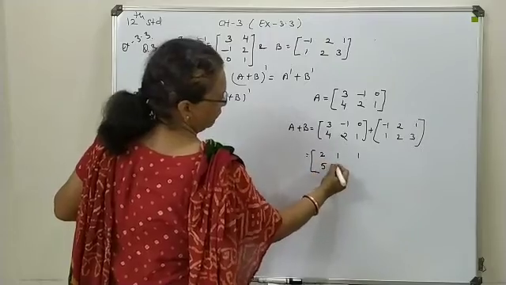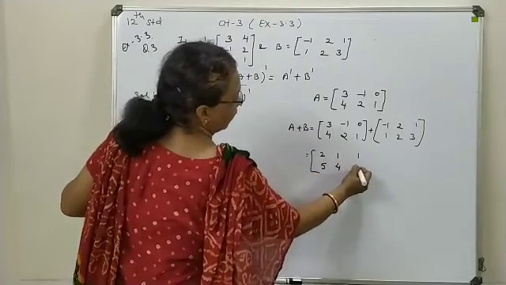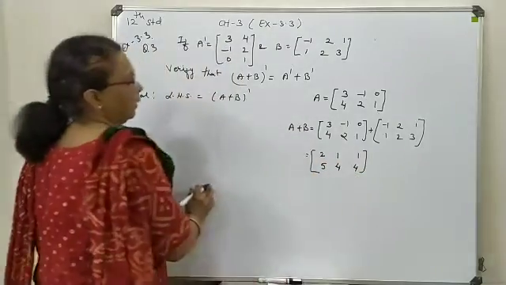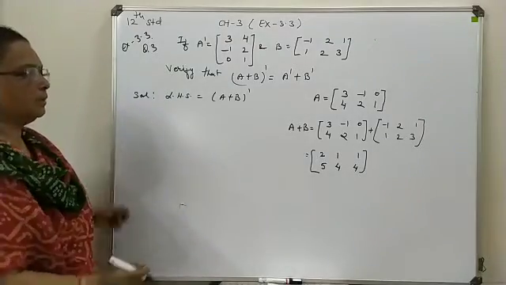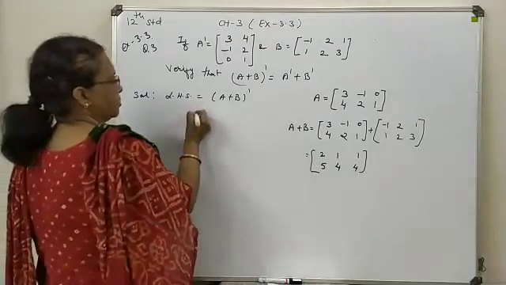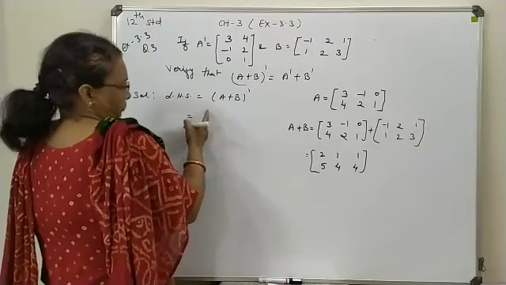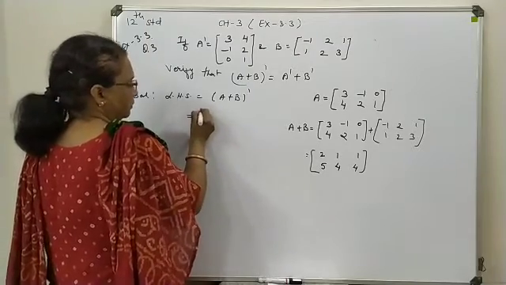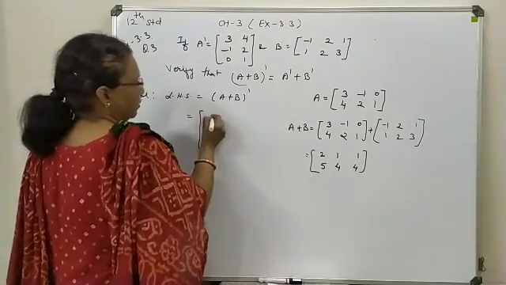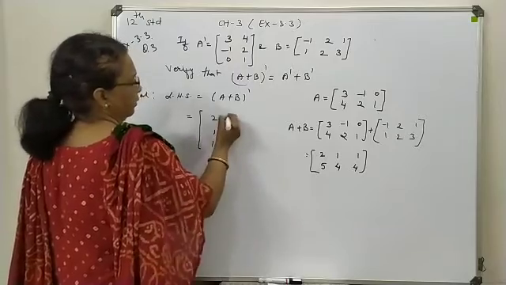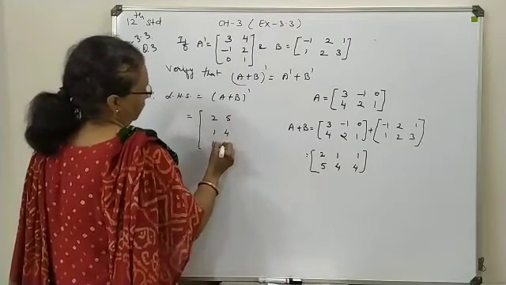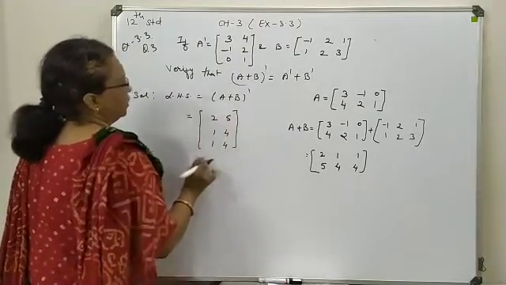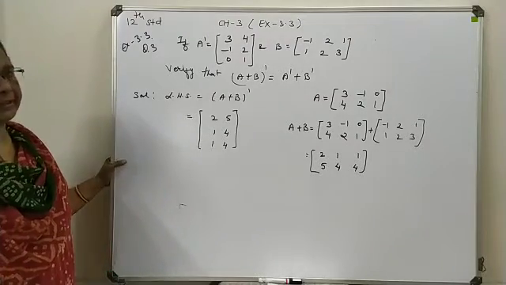This is your 5, 4 and 4. Now we have to write its transpose form. So here it will be 2, 1, 1, 5, 4, 4. So this is the solution regarding the left-hand side we are having.